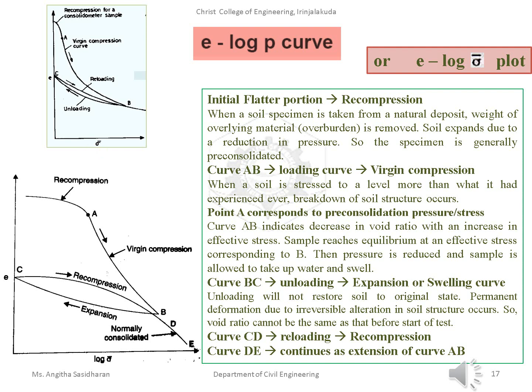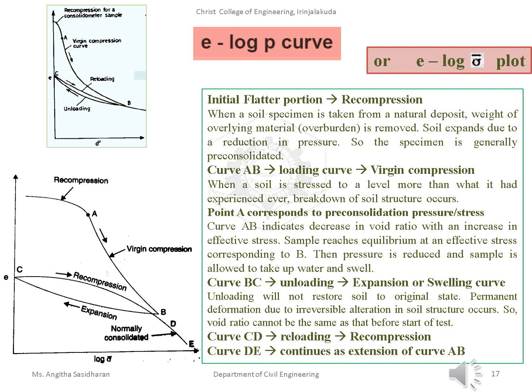Initially we are loading the specimen, as in a consolidation test. This curve represents the loading curve, and after that we will unload the specimen. So this will be representing the unloading part, and if it is reloaded, the path followed will be like this. The variation will be like this, and it goes on continuous with the previous curve.